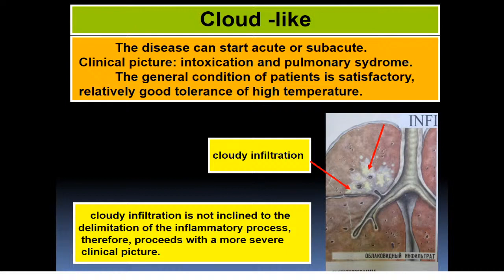The general condition of patients is satisfactory, with relatively good tolerance of high temperature. Cloud-like infiltration is not inclined to the delimitation of the inflammatory process, therefore it proceeds with a more severe clinical picture.